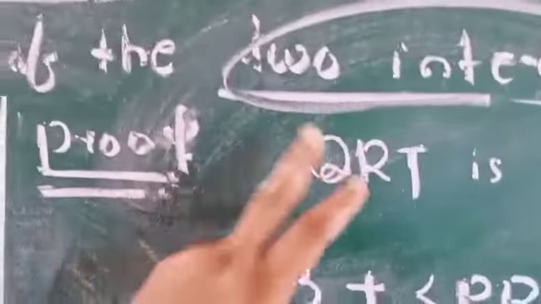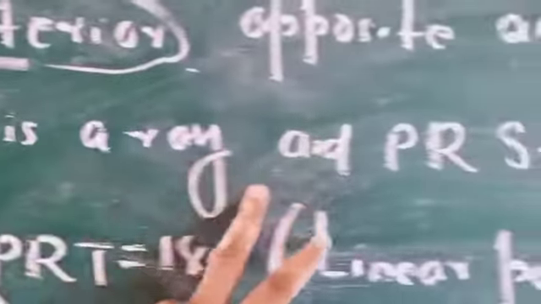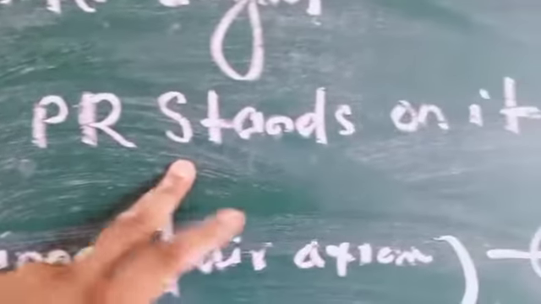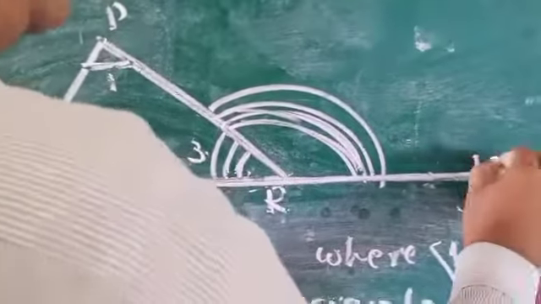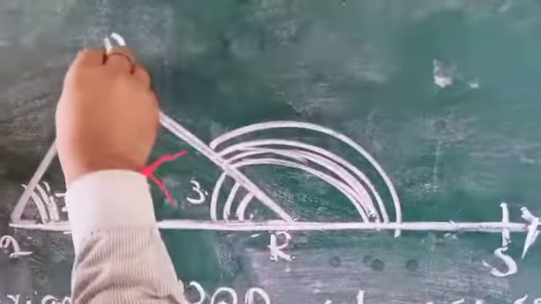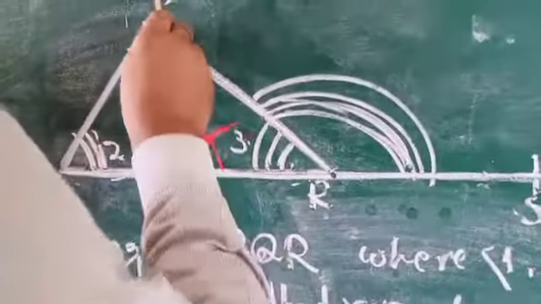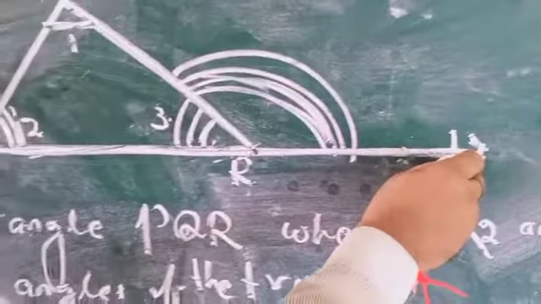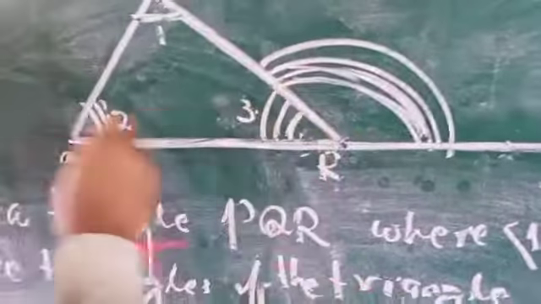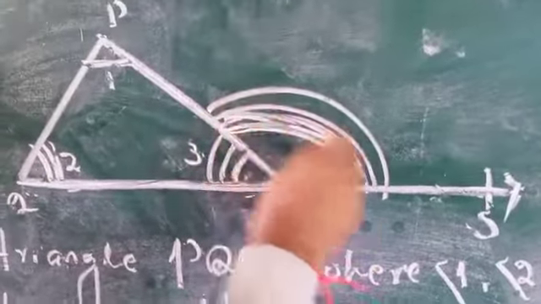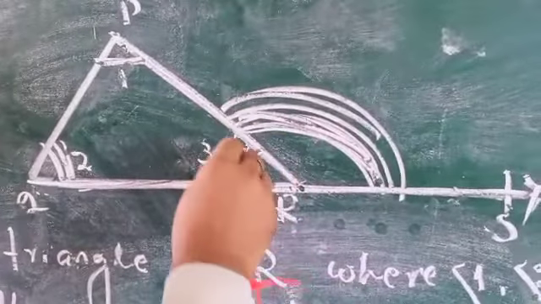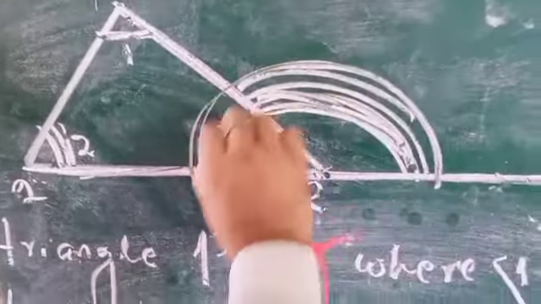Now you see QRT is a ray and PR stands on it. See the figure. Therefore, angle PRS plus angle PRQ, the sum of these two, will be 180.